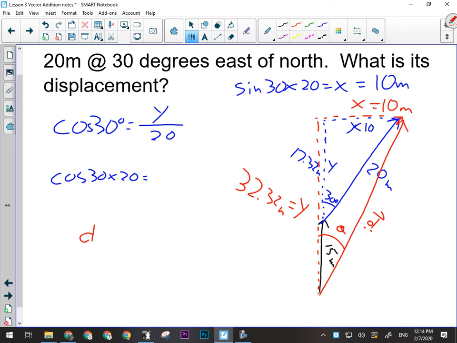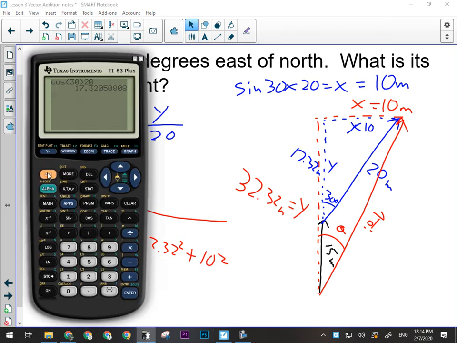Okay, so I want to find d. That's going to be the square root of 32.32 squared plus 10 squared. So my hypotenuse is 34 meters long, and for its angle, I'm going to use tan there.